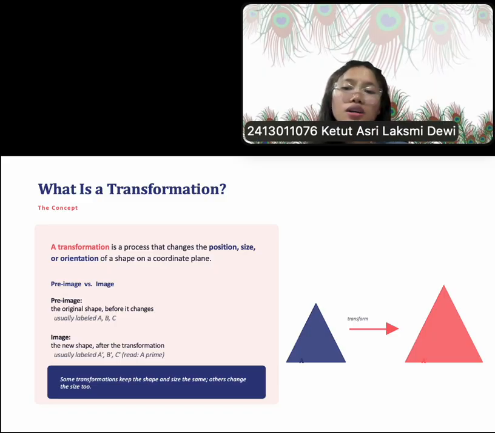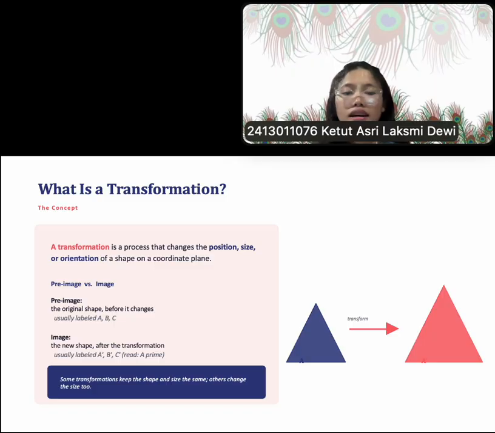Now, let's talk about the definition. A transformation is a process that changes the position, size, or orientation of a shape on a coordinate plane. When we talk about transformation, there are two important terms we must know. The first is the pre-image, which is the original shape before it changed, usually labeled with letters like A, B, or C. The second is the image, which is the new shape after the transformation happens.